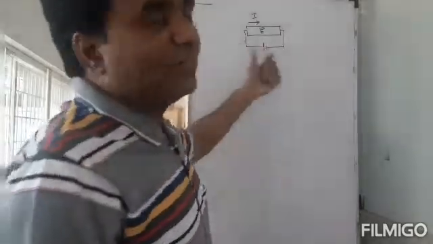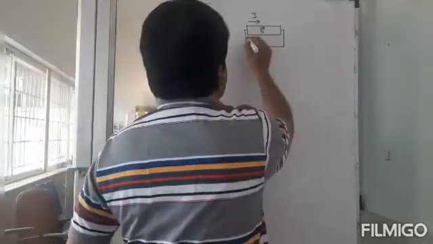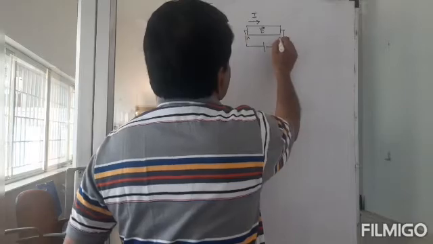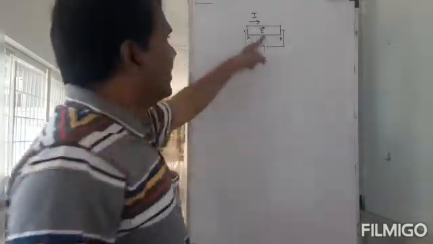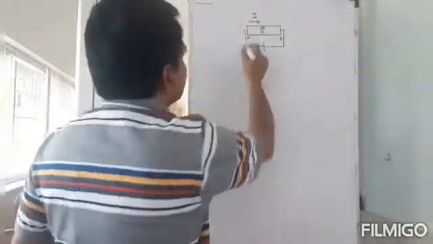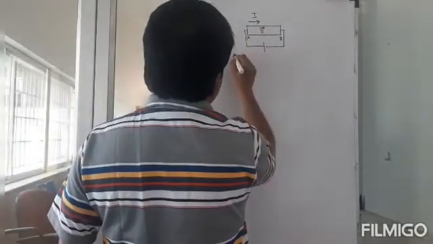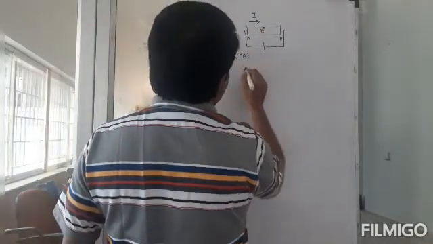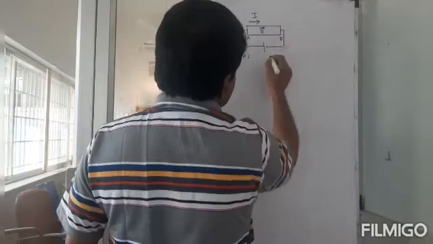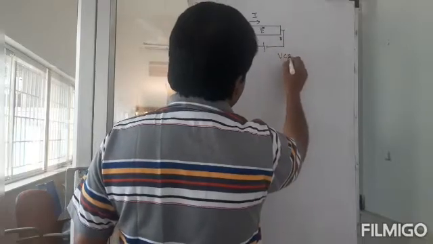So there is a potential difference. If I say this is A and this is B point, then there is a VA and there is a VB potential. Potential at A is VA, V of A, and the potential at B is V of B. Okay?